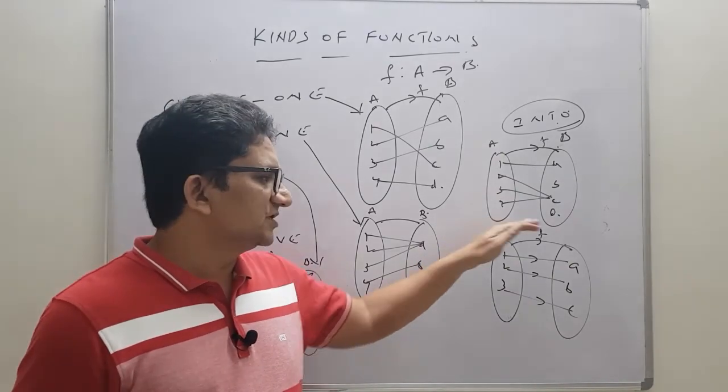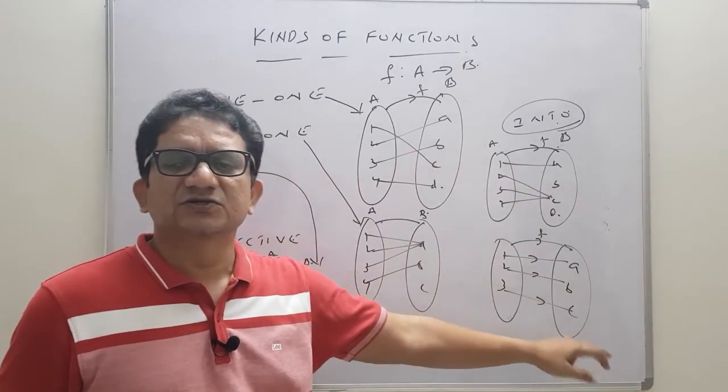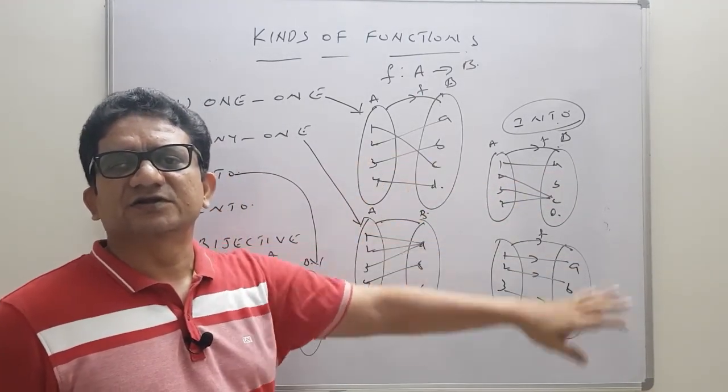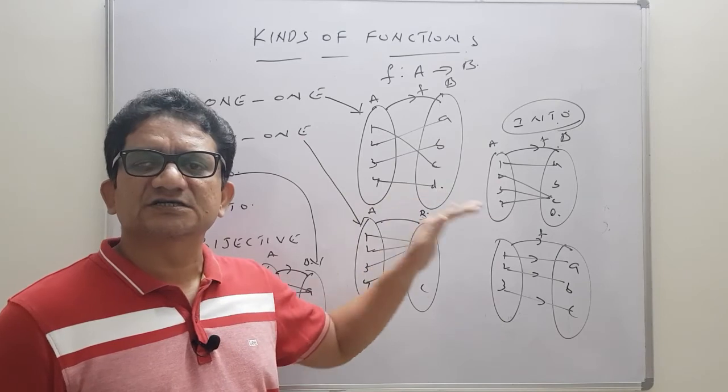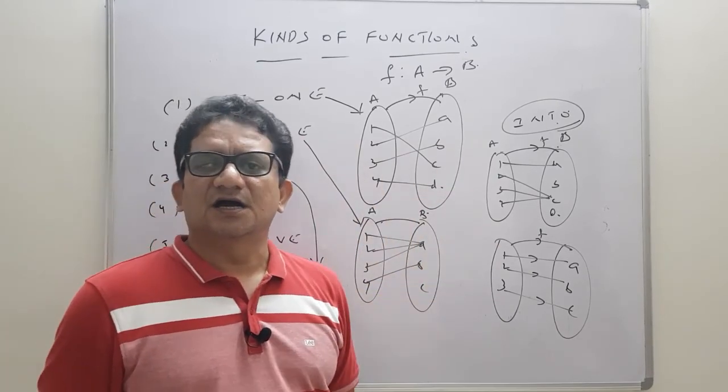Now the bijective functions we study in one more manner also. If a function is bijective, then it is invertible. That means the inverse of a function exists only if the function is both one-one and onto.